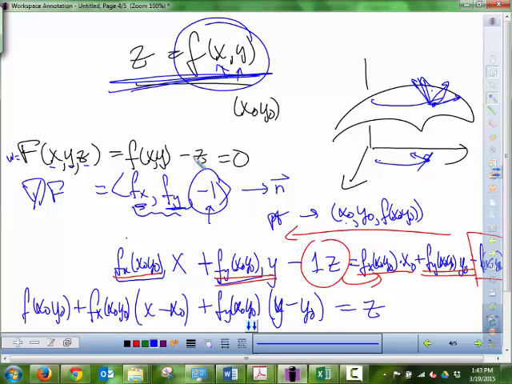That -1 is what we got when we took the derivative of this new function over here, where we put the x's, y's, and z's all on one side. When we took the derivative of this with respect to z, and we took the derivative of that with respect to z, we got -1.